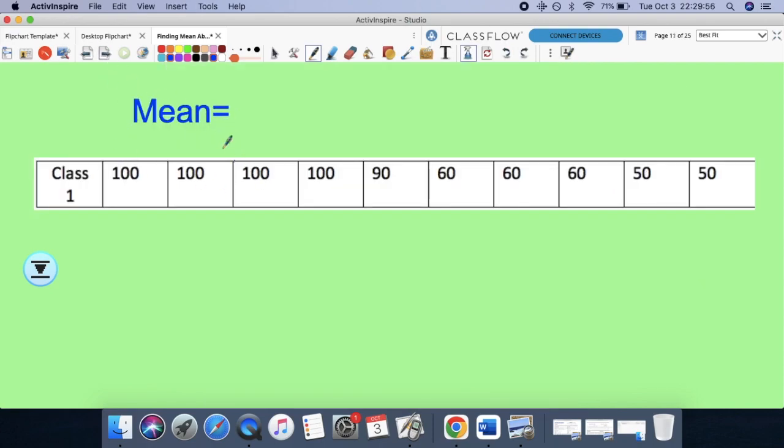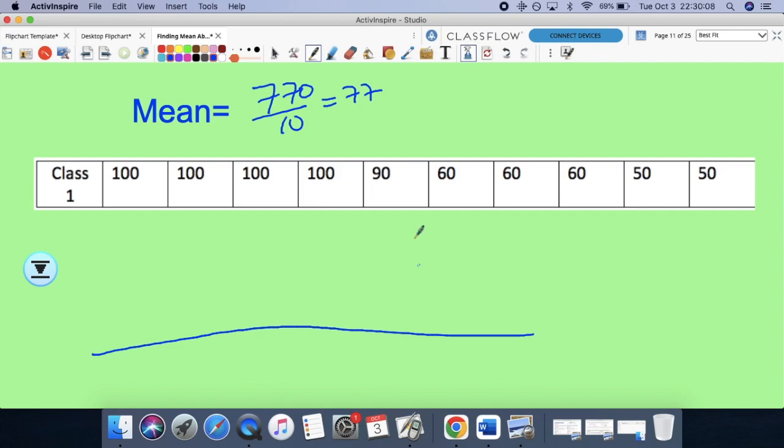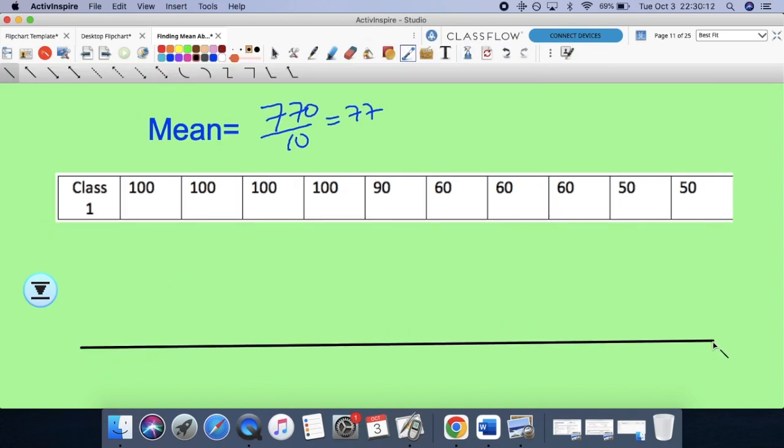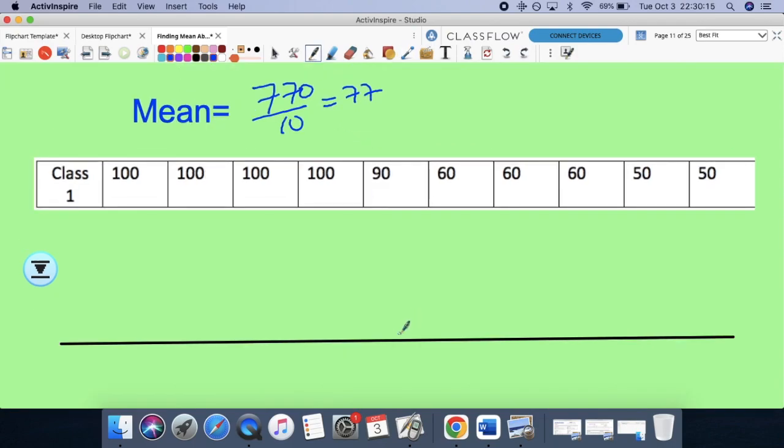So let's take care of our first example. We found the mean. The mean was 770 divided by 10, which is 77. So what we're doing here is pretty much this. Here's 77, and let me make this 50, 60, 70, 80, 90, 100.